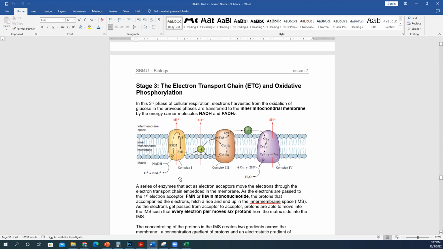And these electrons then get passed down along the electron transport chain from acceptor to acceptor. As they move along, again, these protons are able to use that energy and move into the intermembrane space in a way that every electron pair is actually moving six protons from the matrix side into the intermembrane side.